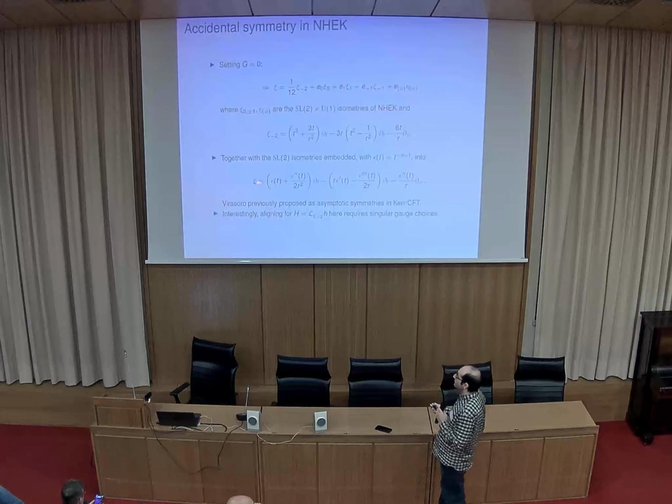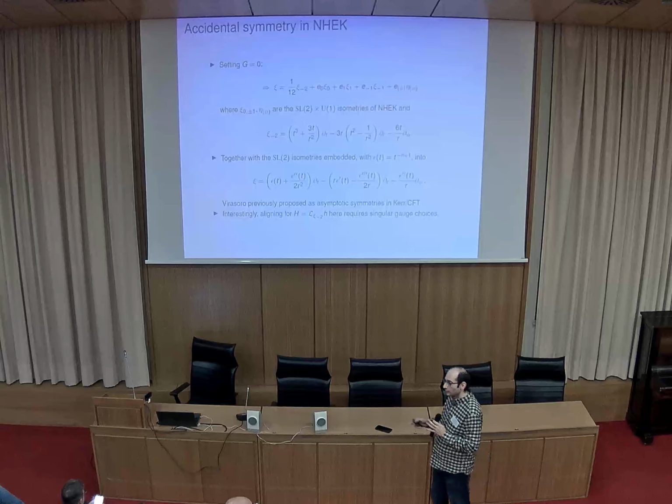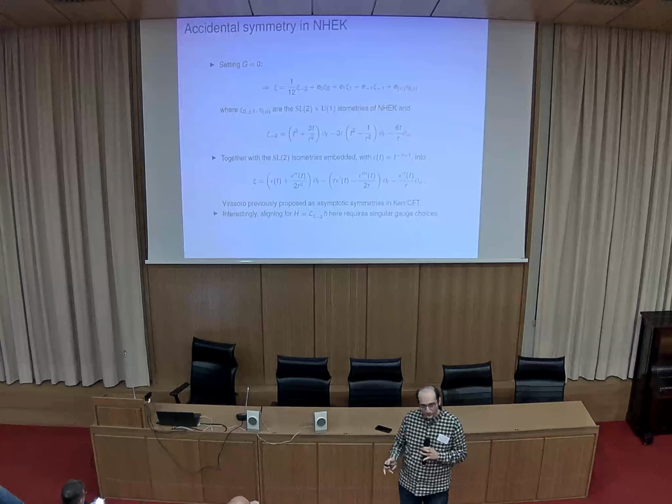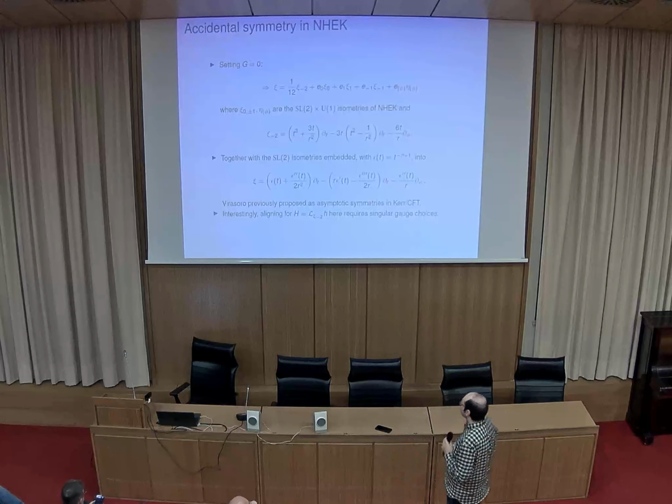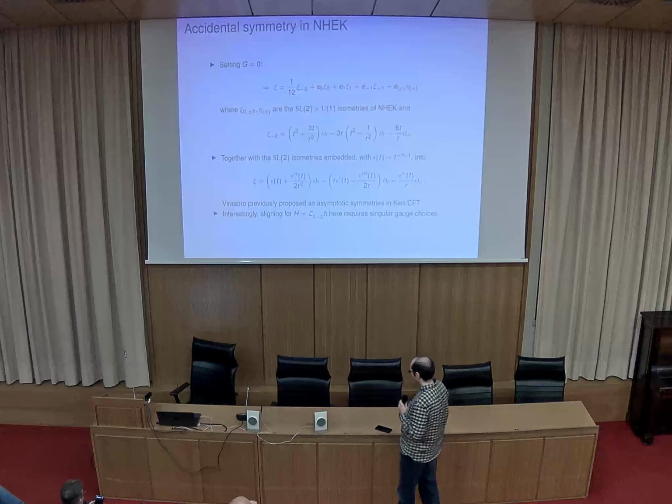But you might be interested in doing that because these are actually Virasoro generating vectors. They have been previously proposed as asymptotic symmetries of Kerr CFT. Never fully understood, but they have been proposed. And interestingly, there is one interesting difference between the Reissner-Nordstrom story and this story.